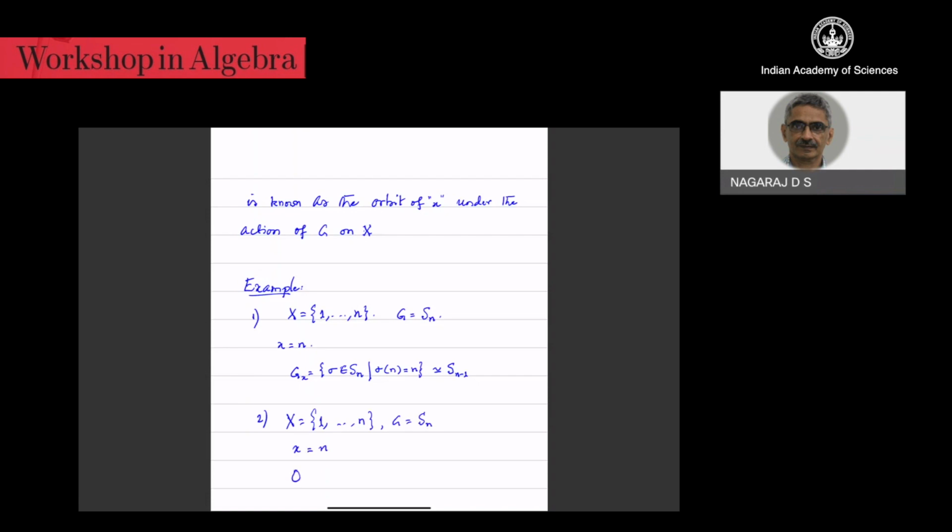Then what is O of x? So this you will see is equal to the whole of X. Okay, so in general, this may not happen.